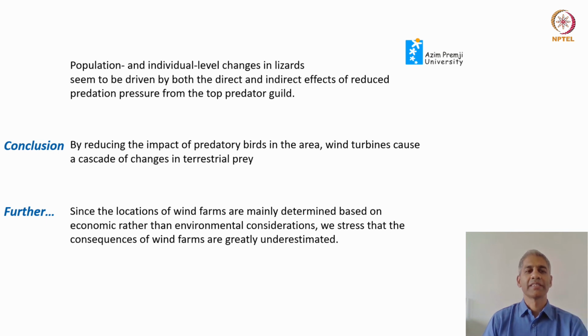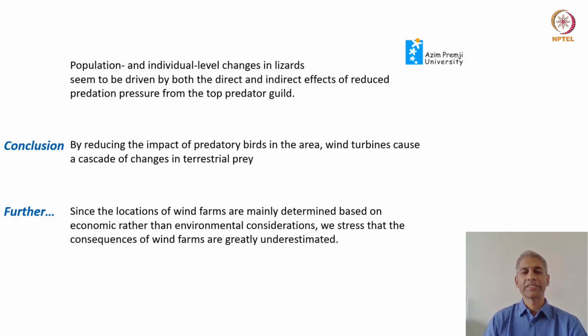And because these results are extremely relevant to a variety of topics such as development, economy, energy, they say in the paper that since the locations of wind farms are mainly determined based on economic rather than environmental considerations, we stress that the consequences of wind farms are greatly underestimated.